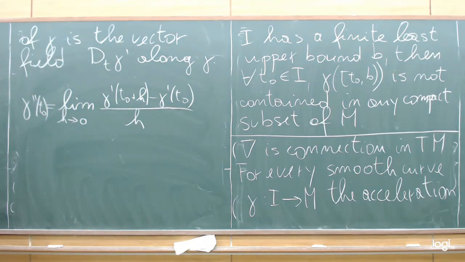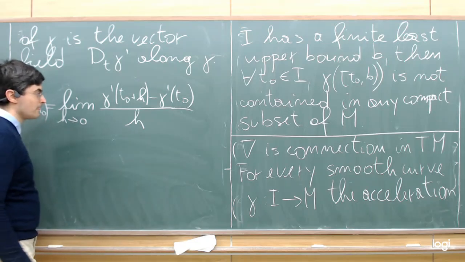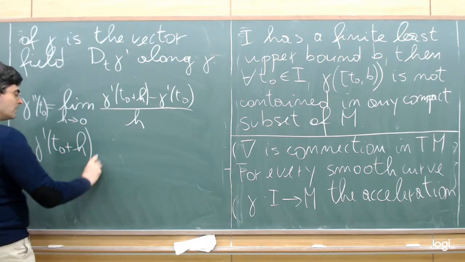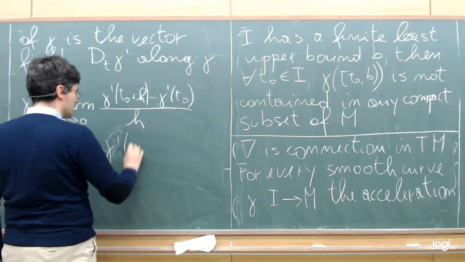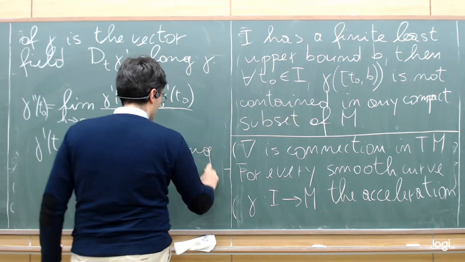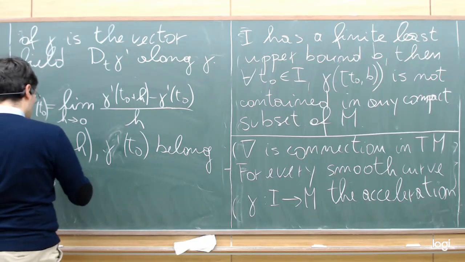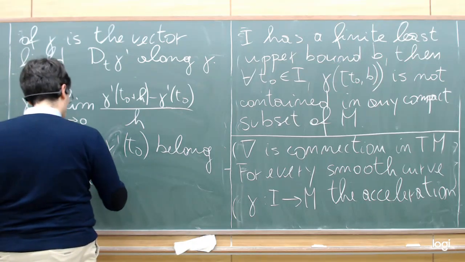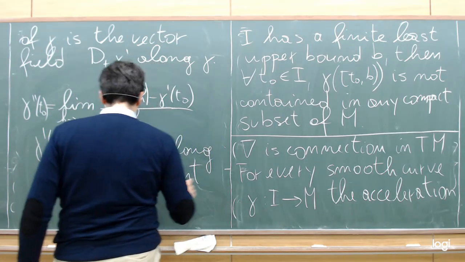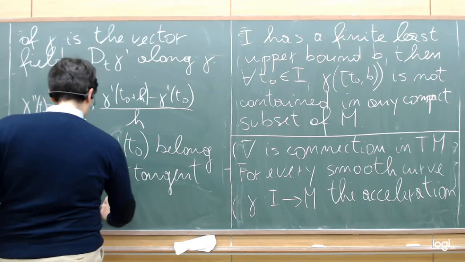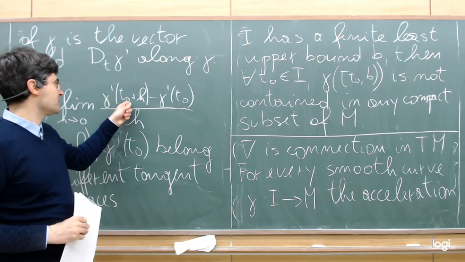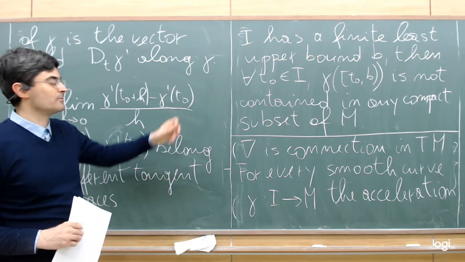And the reason why this is not a good definition is that gamma prime t0 plus h and gamma prime t0 belong to different tangent spaces, so it doesn't make sense to write down gamma prime t0 plus h minus gamma prime t0.